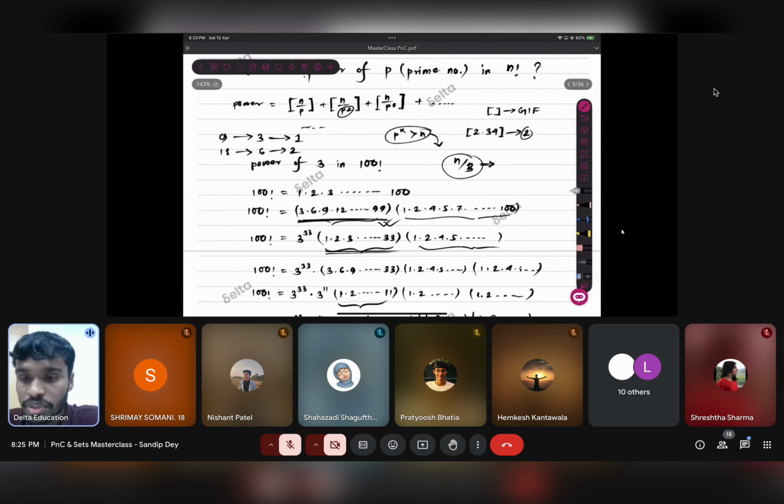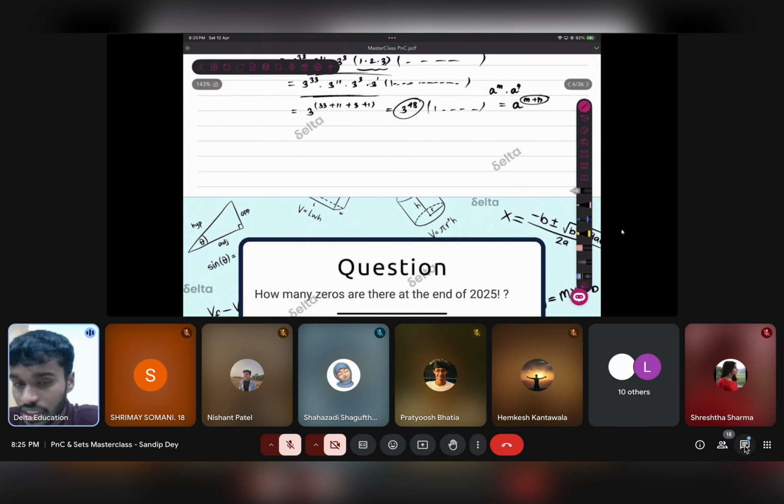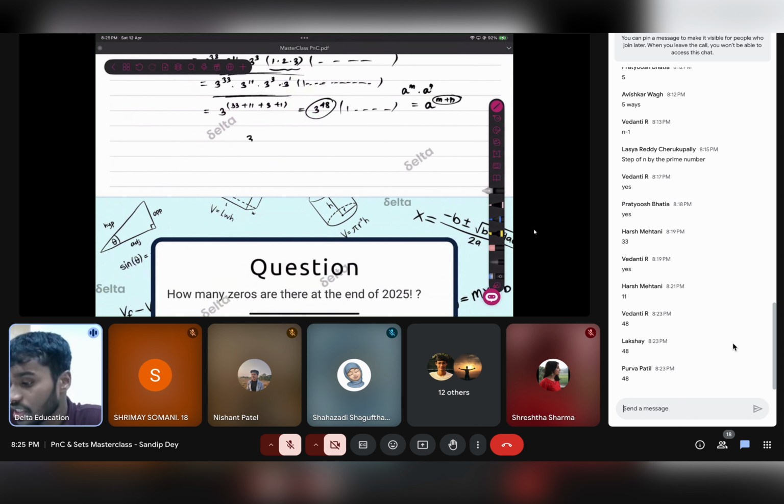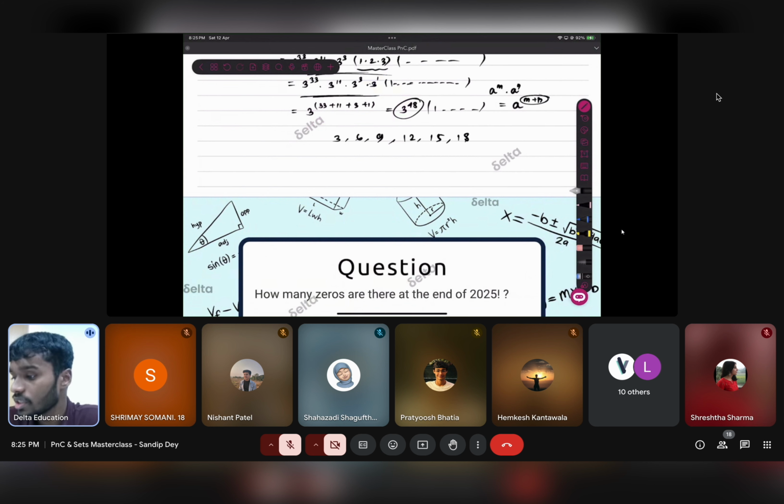And also, how many numbers will be there? First, when I have divided all the numbers by 3, that is 3, 6, 9, 12, 15, 18. Let's take these numbers, and also let's take 81. Once I have divided all of this by 3, I'll get 1, 2, 3, 4, 5, 6, and this will be 27. Right? So now, what are the numbers that are remaining that can be divided by 3?